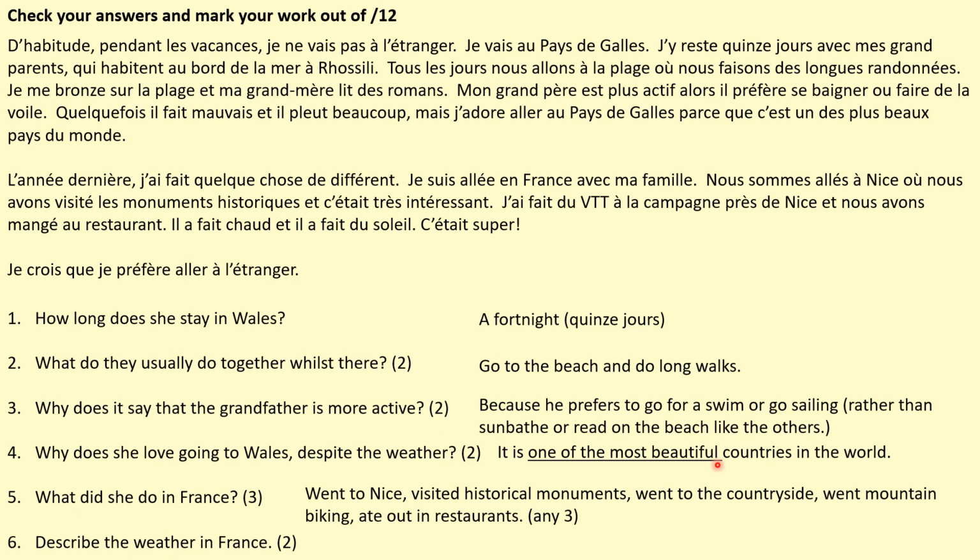In France, she went to Nice, which is a city in the south of France, visited historical monuments, went to the countryside, went mountain biking, ate out in restaurants. Any 3 of those can give you the marks. The weather in France was hot, 1 mark, and sunny, 2 marks. Give your work a total out of 12.